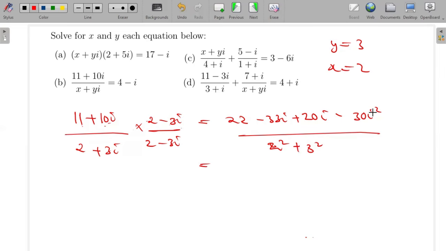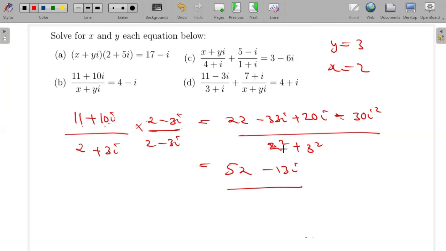So here, this i squared is going to put a negative there. Negative 1 gives you positive. So you can add that 30 plus 22, it gives you 52. Then here subtract, that is 33 minus the 20. So here you get negative 13i.